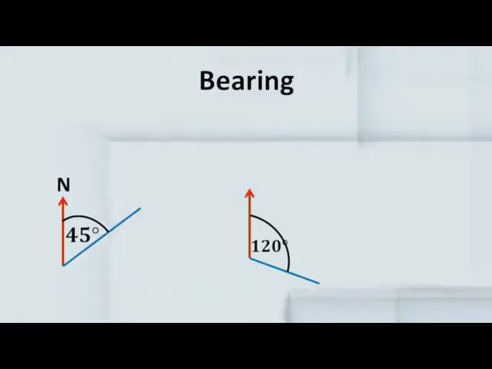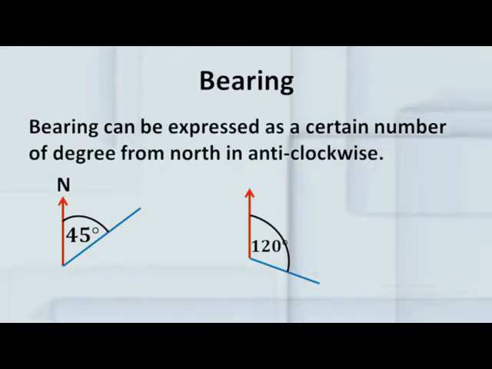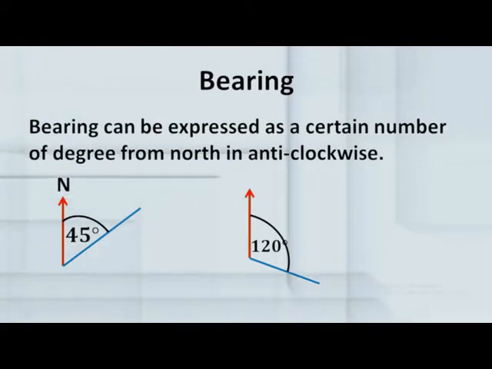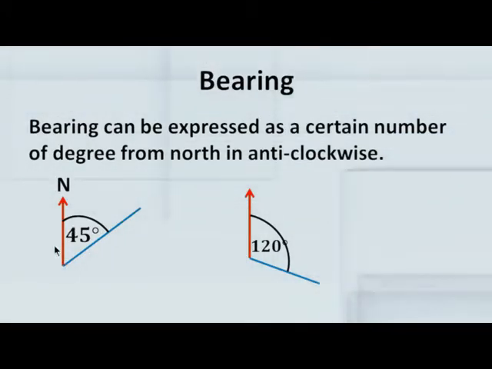Now we're going to learn about bearing. Bearing can be expressed as a certain number of degrees from north in anti-clockwise. So see the blue line. The bearing of the blue line is 45 degrees.